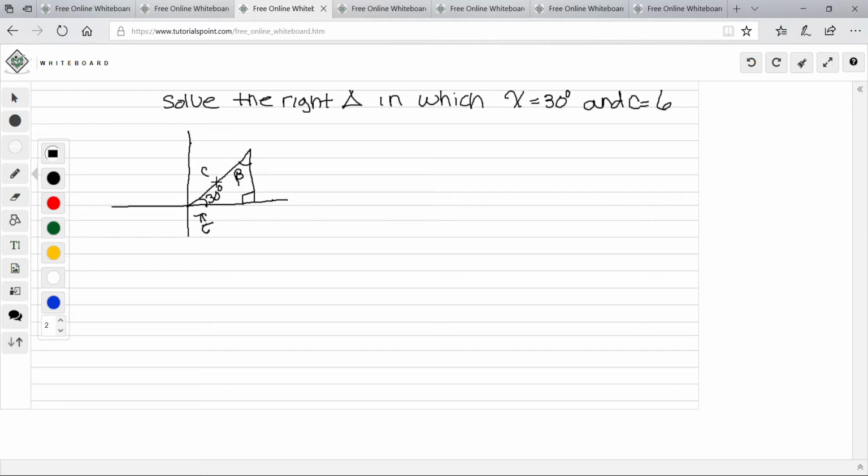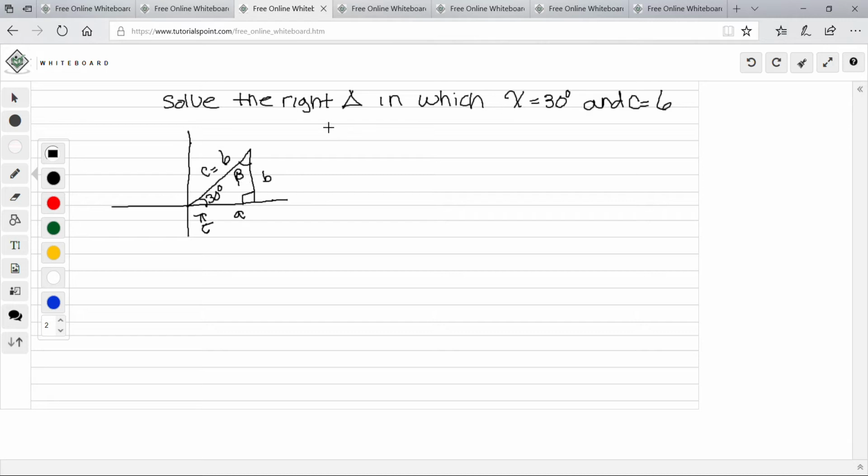They said C, so the C is always the hypotenuse because C is longest. So C equals 6. We don't know these two line segments, these two values. So we'll call this A or B, or you could call this B or A, it doesn't really matter.